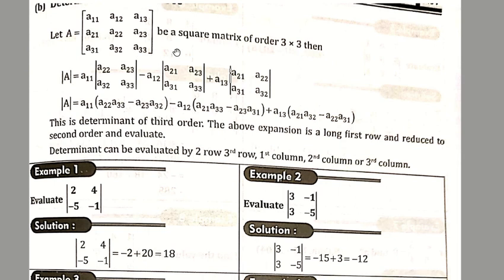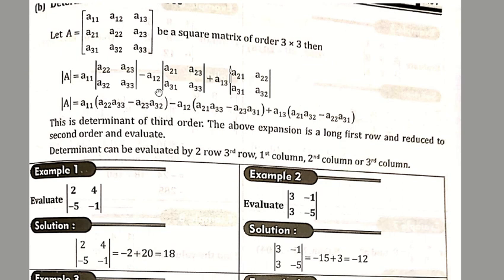Then how will you find out the determinant in this case? You need to cross multiply, right? So you need to split the entire matrix into 2 into 2 order matrices. Your first row, A11, A12, A13, will be split up. Then you split up the rest of the matrix into small determinants. For A11, the second row and third row numbers will be taken, which is A22, A23, A32 and A33.